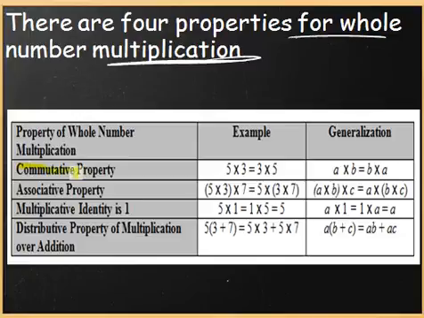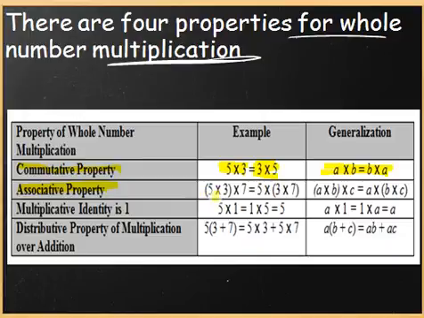We have the commutative property of multiplication, which says order does not matter when I multiply two whole numbers. Therefore, 5 times 3 is the same as 3 times 5, since both are 15. In general, we can say a times b is the same as b times a. We also have the associative property that says that if I was going to multiply 3 or more numbers, order does not matter.